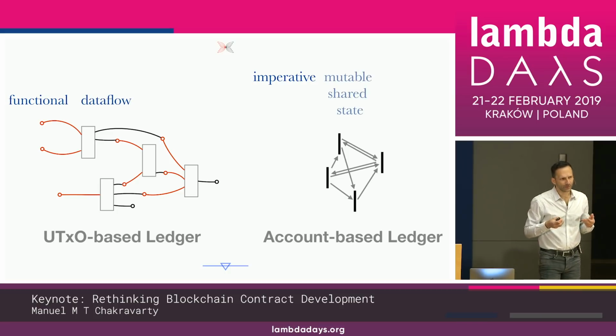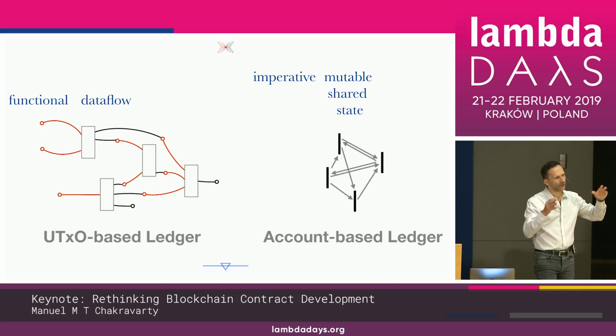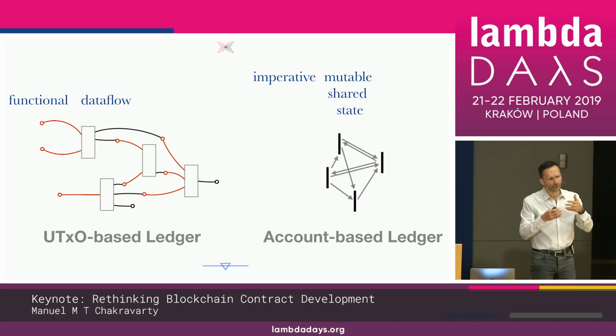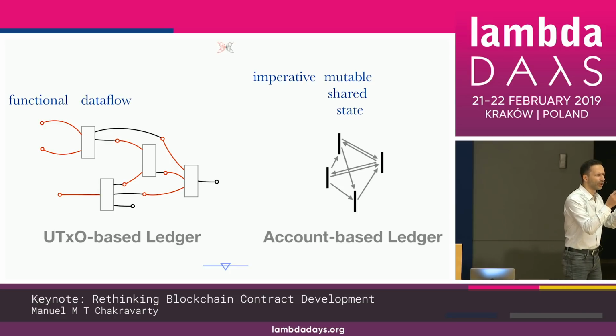And, well, you have to think, we want to implement all this in a concurrent and distributed setting. So now you have an imperative structure which is based on mutable shared state. And at the same time, you say concurrent distributed computing.